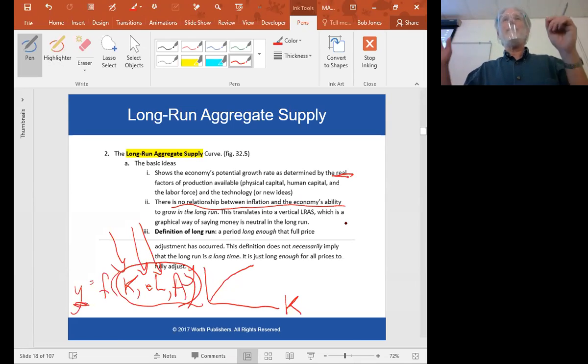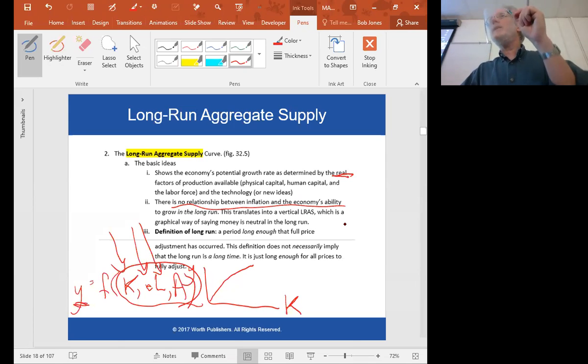Right? You can't produce new cars with money. Okay? So money has no long-run impact on how much we're able to produce. Inflation has no long-run impact on the amount of output we're able to produce.